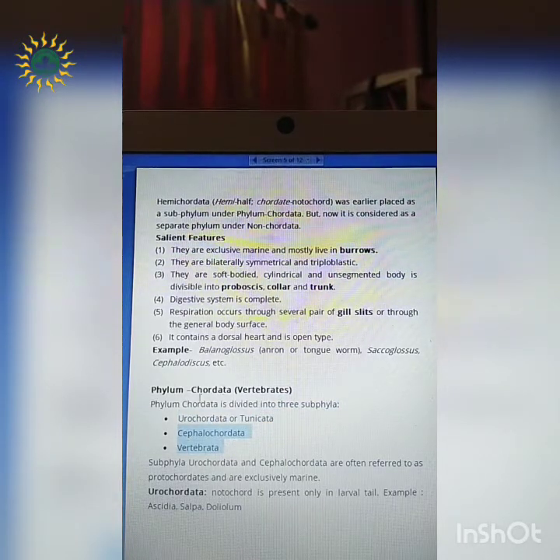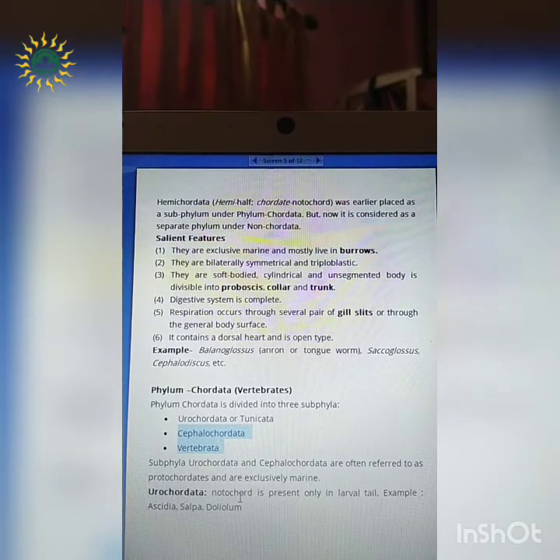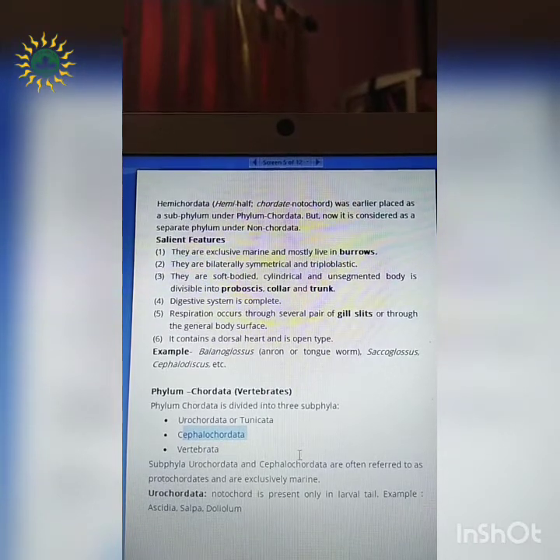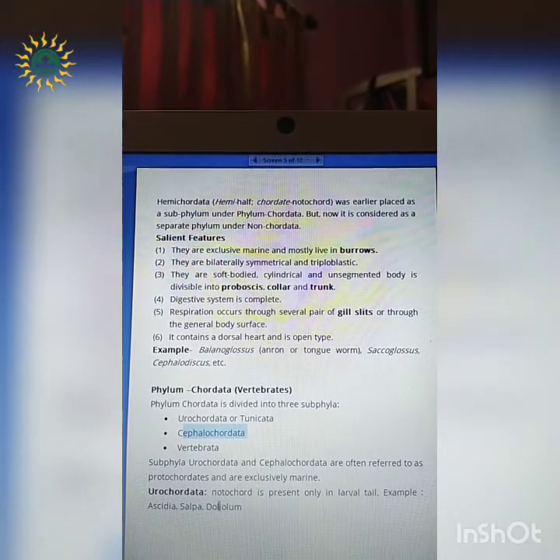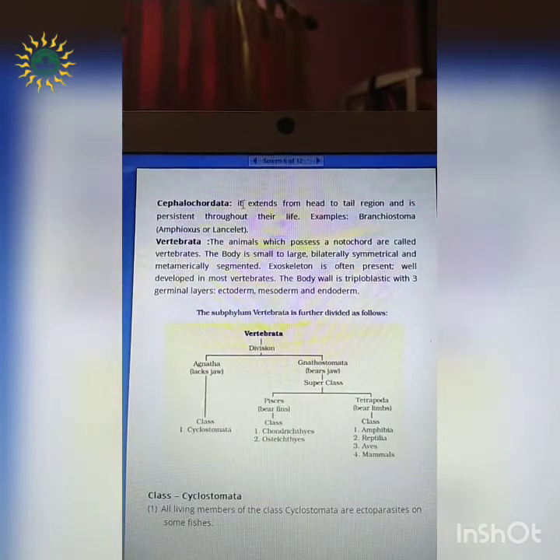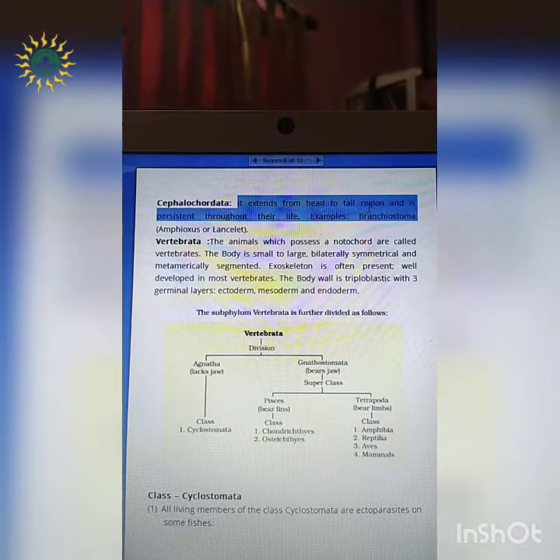Urochordata and Cephalochordata are referred to as protochordates. In Urochordata, the notochord is present only in the larval tail, so notochord may be present but only in the larval condition. In Cephalochordata, it extends from the head to the tail region and is persistent throughout life. So you can see the complexity is increasing one by one.